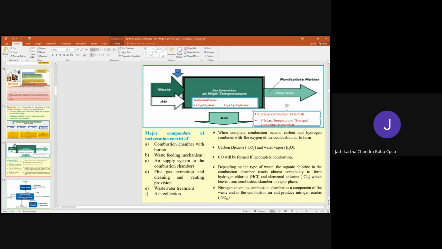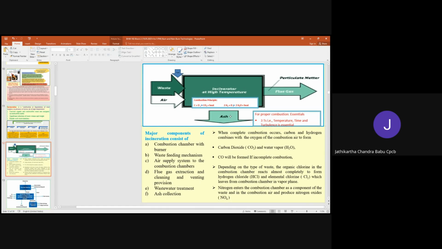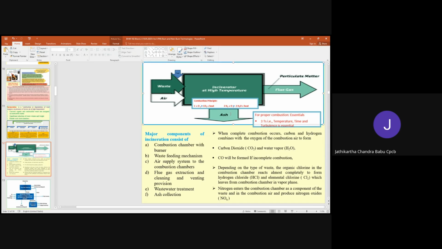Now, this is the combustion process where waste is charged. Here we are feeding fuel apart from adequate air into the primary chamber. Therefore, waste is converted here.